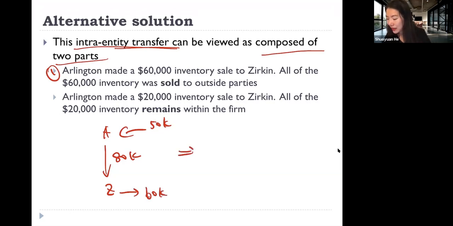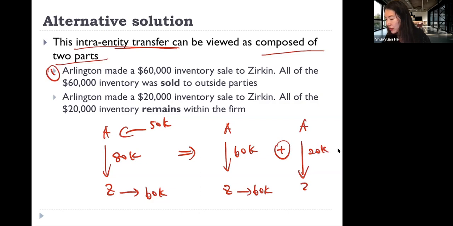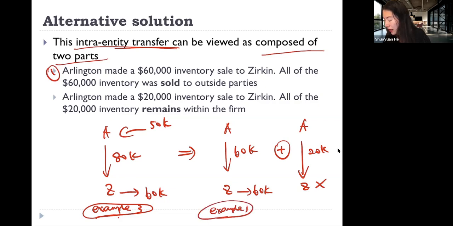This can be decomposed into the first situation, Arlington sold 60,000 inventory to Zirkin, and all of the 60,000 has been sold to the outside party. And then the second one is Arlington sold 20,000 to Zirkin, and Zirkin didn't sell anything to the outside party. So this is example 3. In other words, example 3 can be decomposed into example 1 and example 2, right?